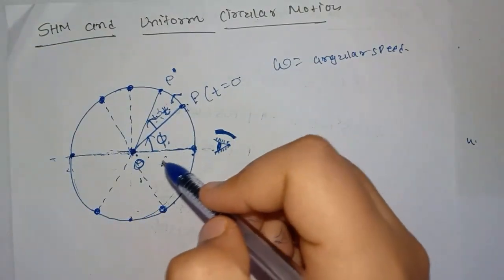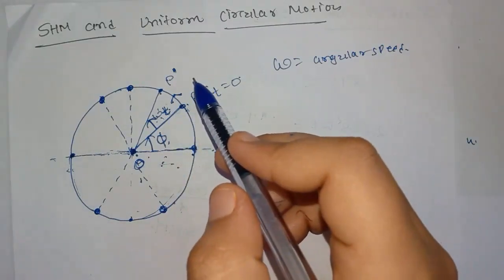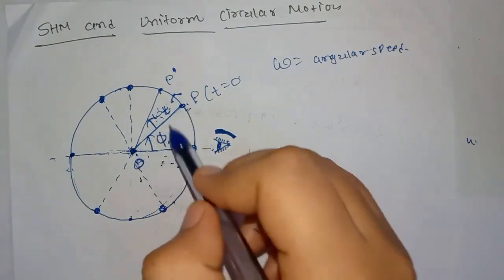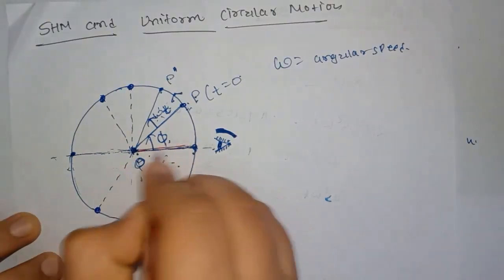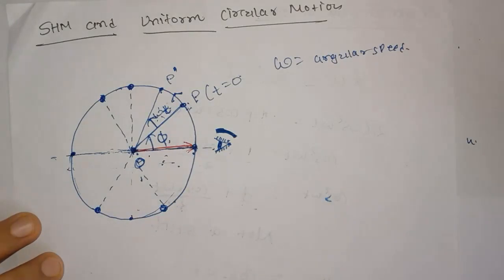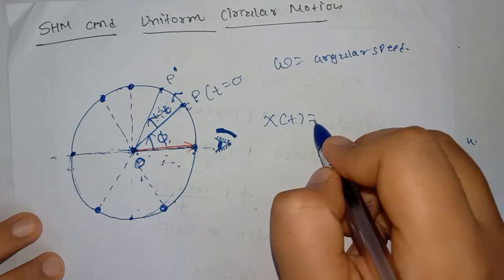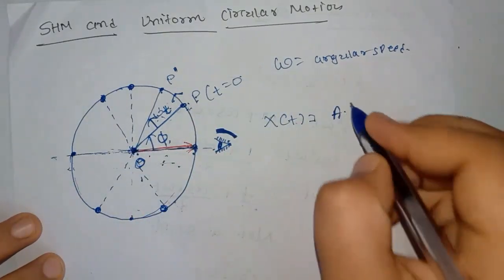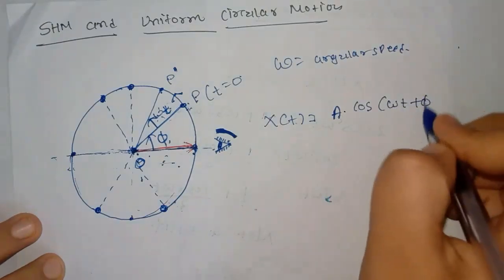Now consider the projection of OP on the x-axis. The projection of OP on the x-axis is given by x of t equals, let's say the radius of the circle is a, a cos of omega t plus phi.